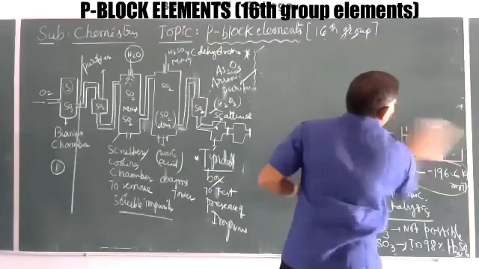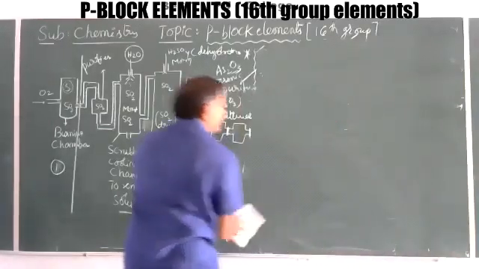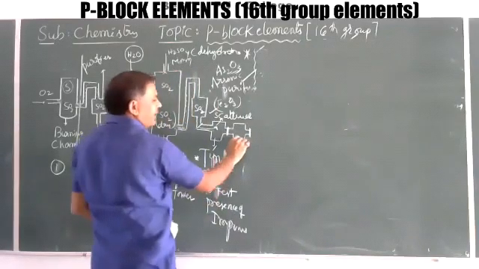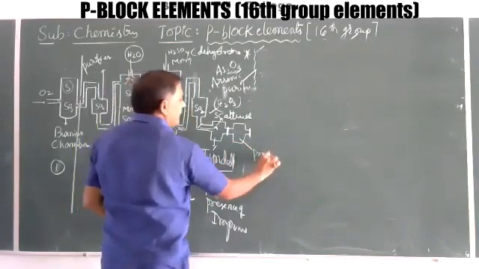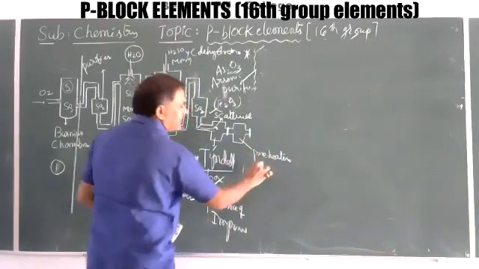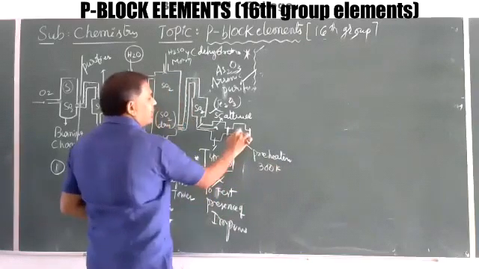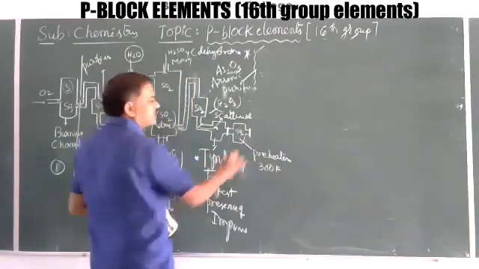Another important tower. This is the pre-heater. Here the temperature required is 720, nearly 300 kelvins heated. We'll get pure and dry sulfur dioxide gas.